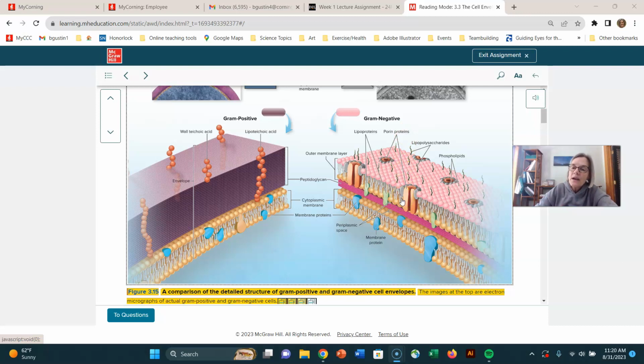So if you have an E. coli infection, which is a gram-negative bacterium, you probably wouldn't use penicillin to treat it. But something that's gram-positive, like streptococcus, might be more likely to be treated with penicillin because it's more sensitive.